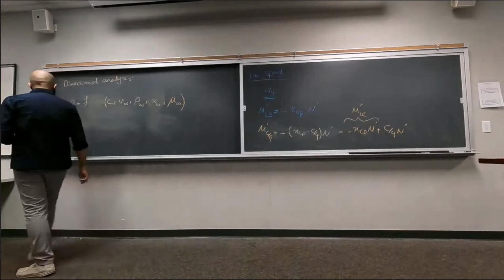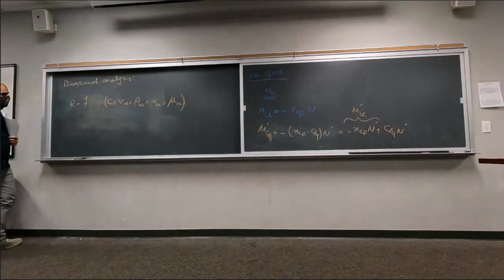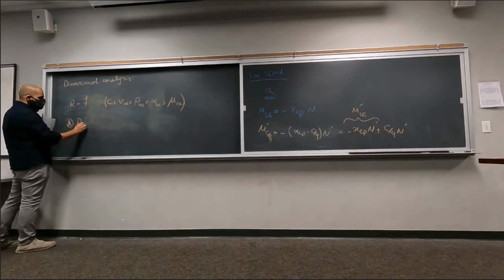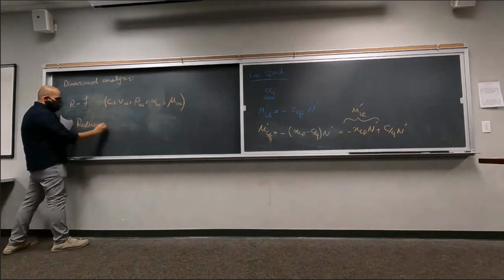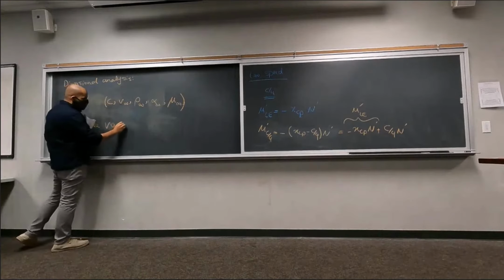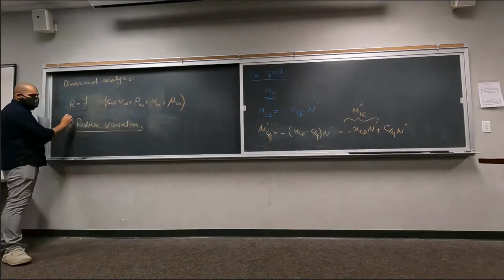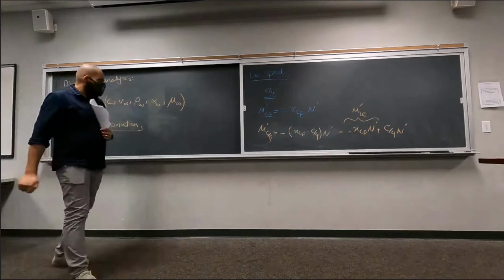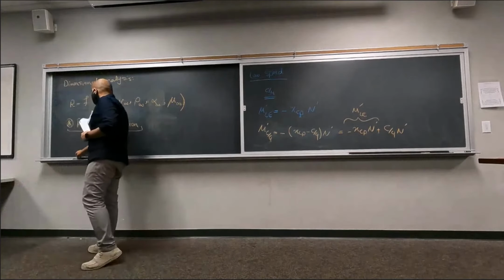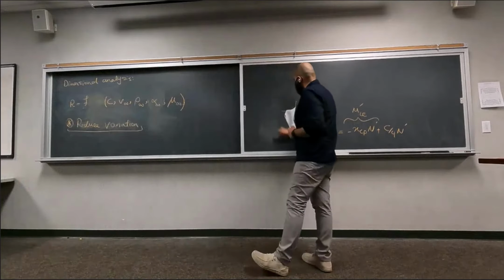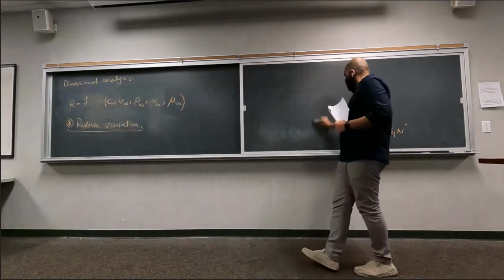So essentially, it will not be a bad idea to come up with a method that will help us reduce these variations, or reduce the parameters that we have to play with. That's where dimensional analysis comes into play.